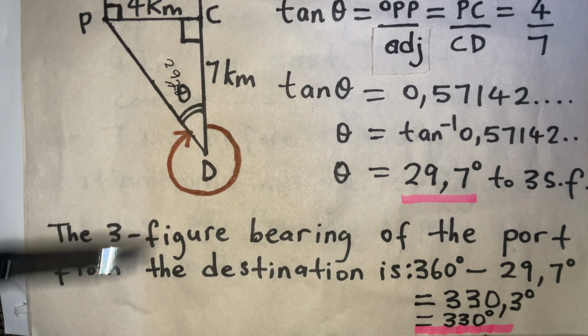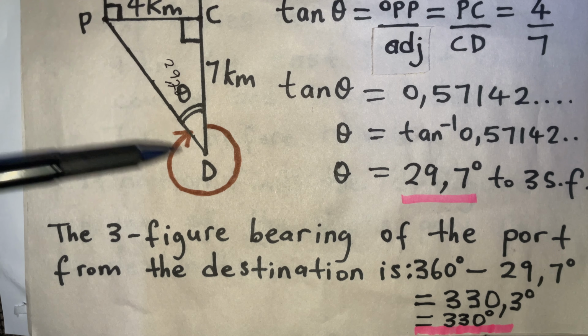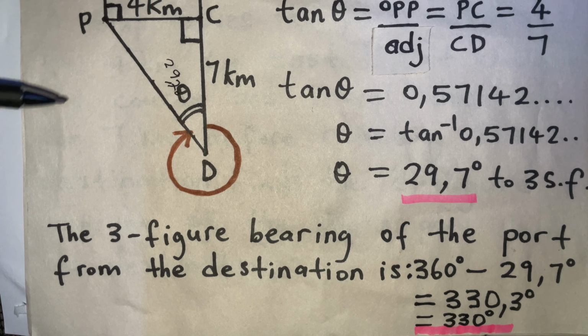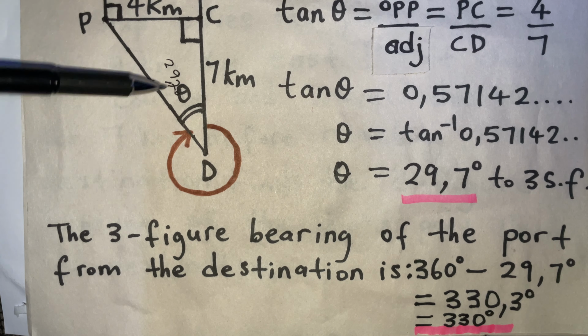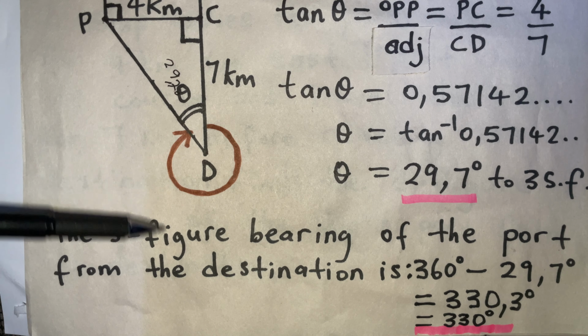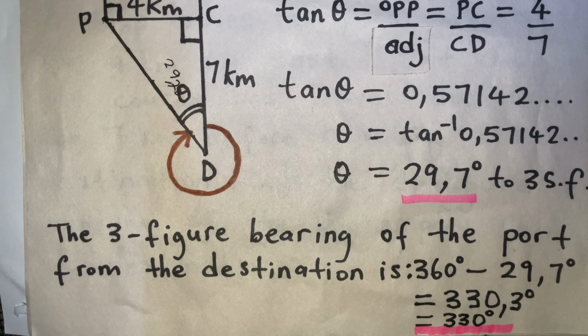So for me to get the three-figure bearing of P from D, I must subtract this 29.7 degrees from 360 degrees. So 360 degrees minus 29.7 degrees, I will get 330.3 degrees, which is equal to 330 degrees as a 3-figure bearing.